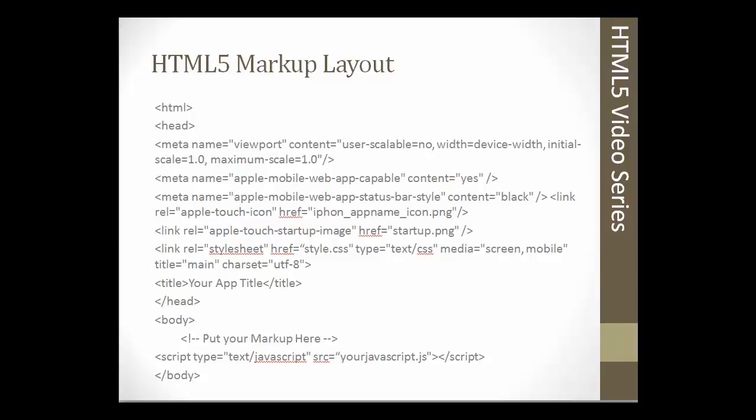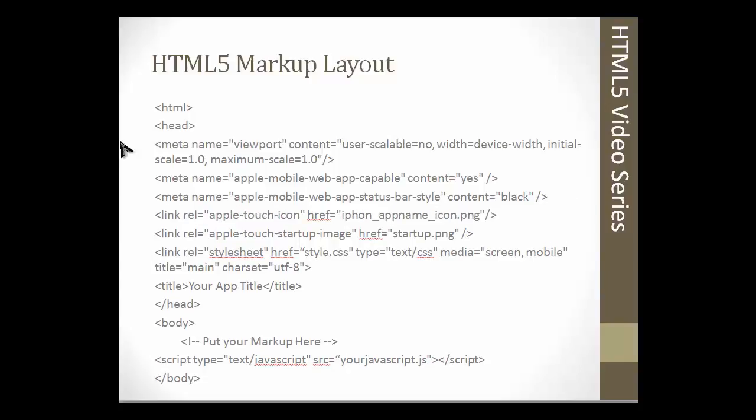So this would basically just be a shell. There's no JavaScript here. I'm not going to go into the JavaScript or any kind of database or deep application stuff. This is just the shell and basically just the head of the HTML5 document.